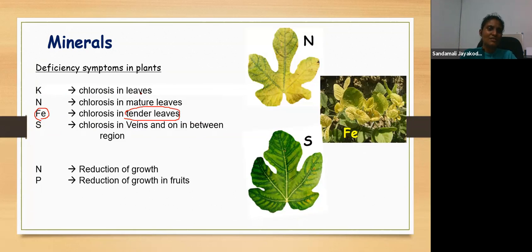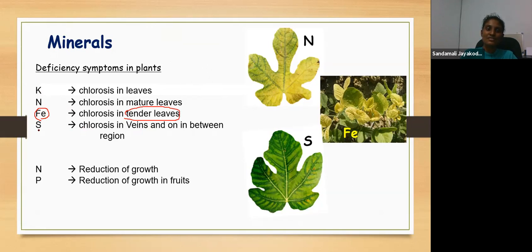Chlorosis occurs in each and every leaf due to the deficiency of potassium, but due to nitrogen deficiency, it occurs only in mature leaves. Only the large leaves turn yellow. When iron, Fe, is deficient, younger leaves, tender leaves become yellow.